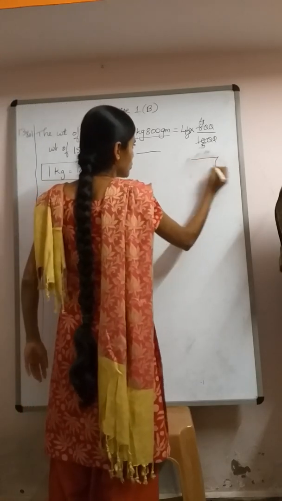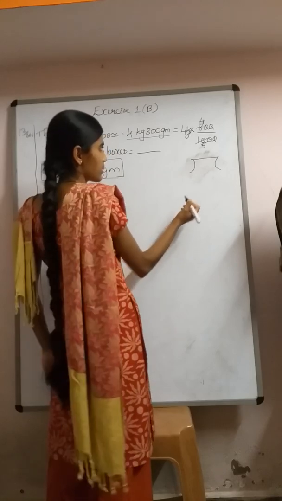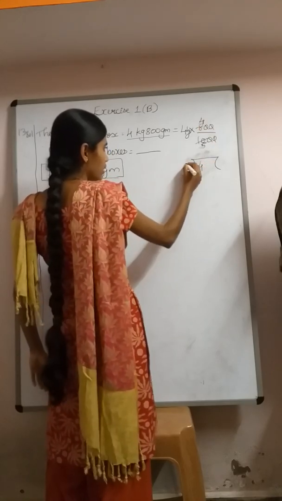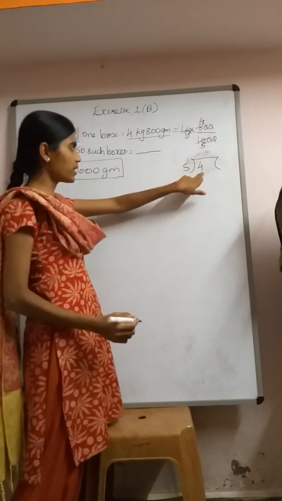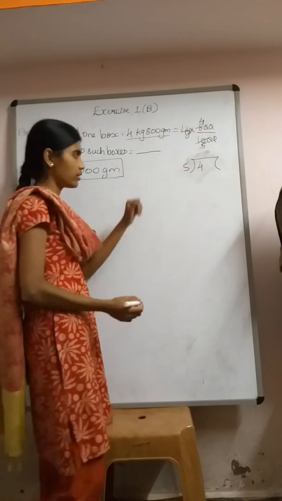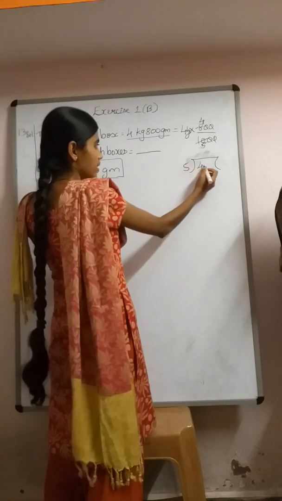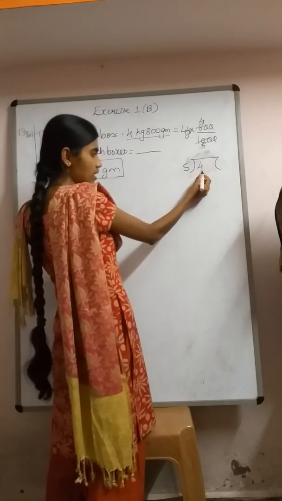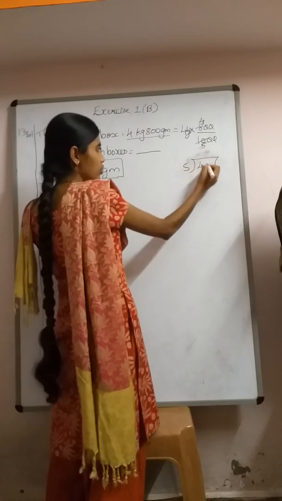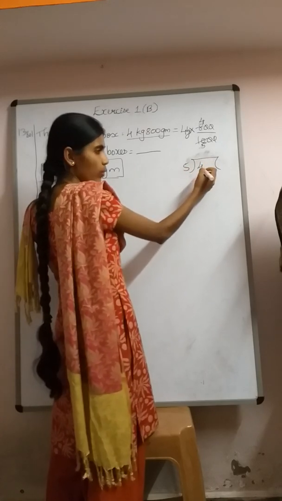So let us do the division. Follow the division. Let's write 4 here and 5 outside. This number inside and this number outside. Now, as this is a less number than 5, you should take a 0.